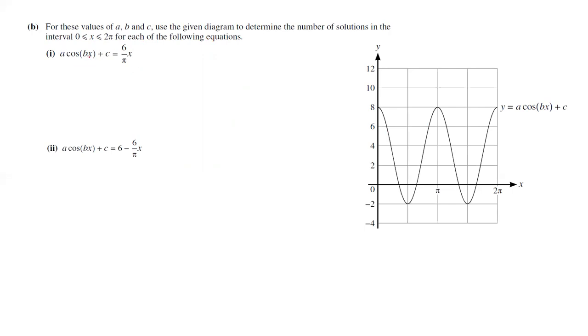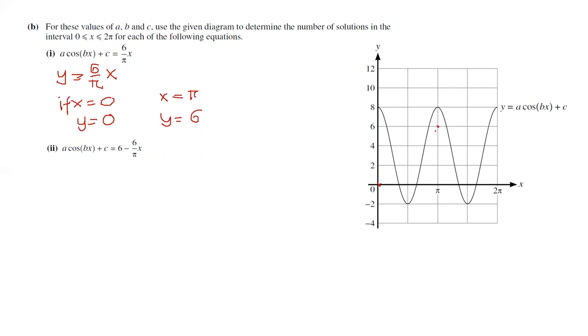If the equation is like this, it means y equals 6 over pi x. If x equals 0, y equals 0. It's the origin. If x equals pi, y equals 6. This one.